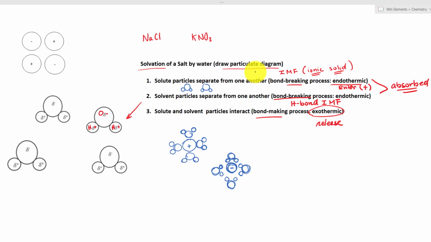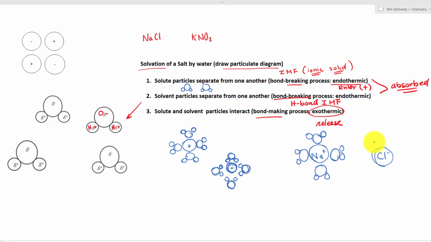Now, just to illustrate this in terms of specific ions, I can just put right here, let's do this. I have Na plus right here, and I can label that. And again, I'm going to label this a water molecule. See how easy that is? And then for sodium chloride, we have Cl minus.